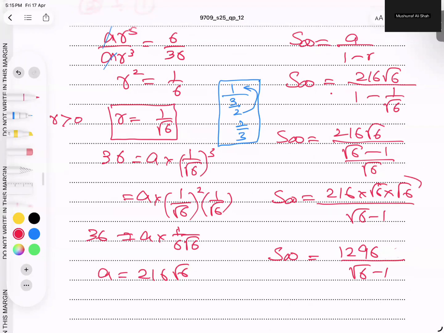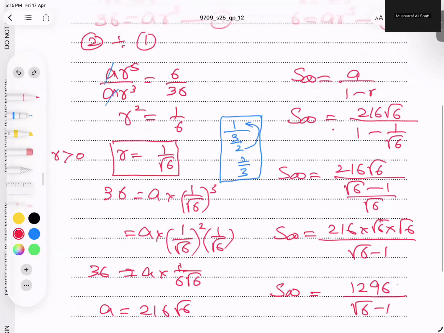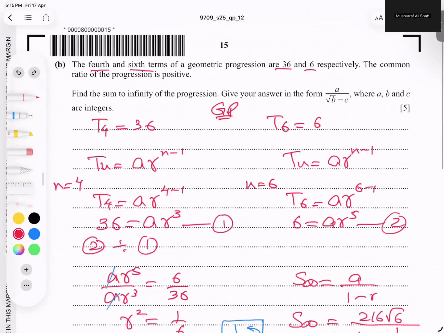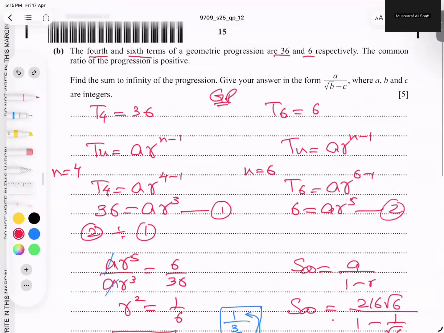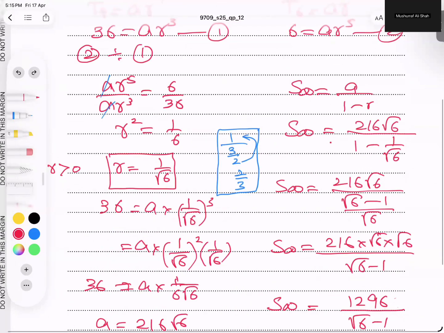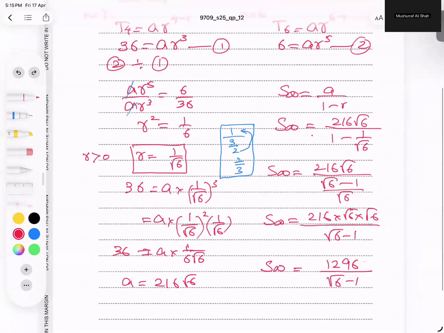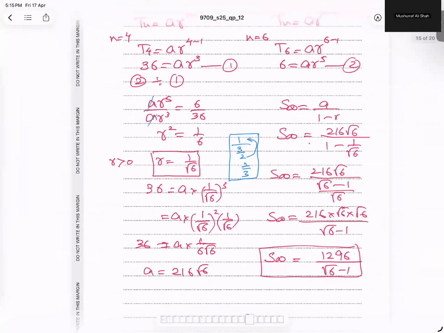So root 6 multiplied with that, we got it. So I think this part is clear. And do we need to simplify further? Yes, sometimes they say remove the surd from the denominator, then we rationalize. But we got the proper format, so no need to do anything else. And this is our required form. And the question is completely clear.